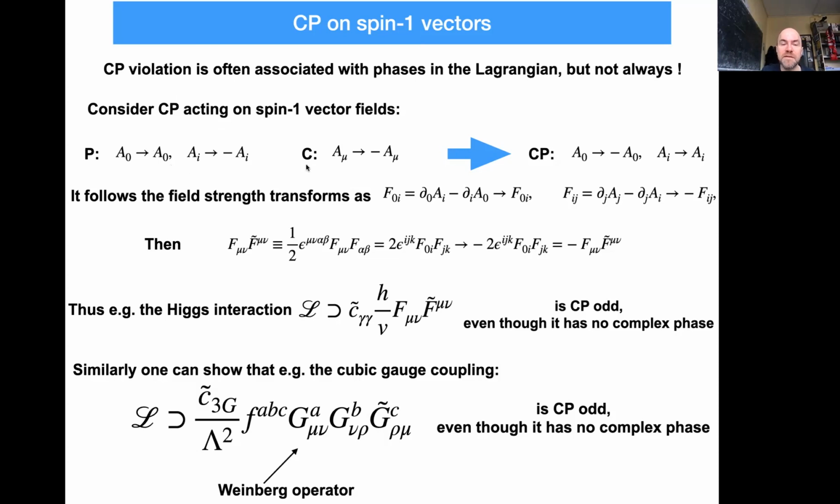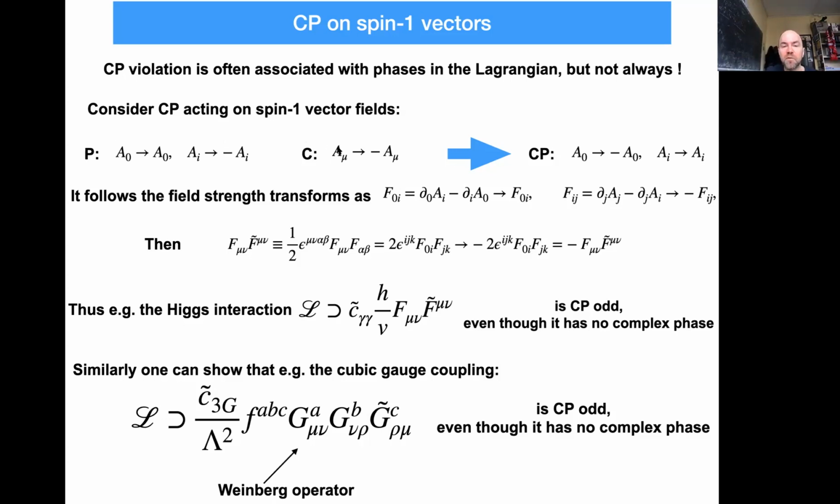On the other hand, C just changes this vector potential, the full 4-component vector, into minus itself. Why is that? Because A0 is, for example, associated with an electric potential. So if you change particles into antiparticles, you flip the sign of the electric potential.